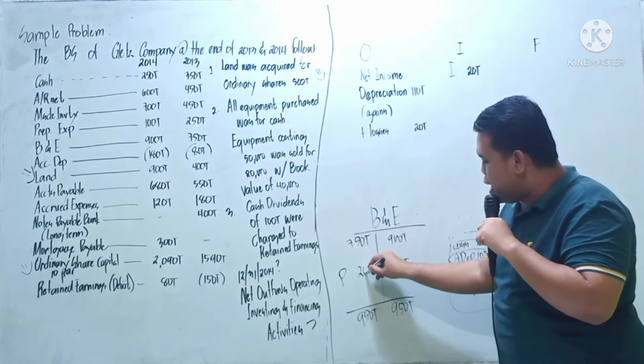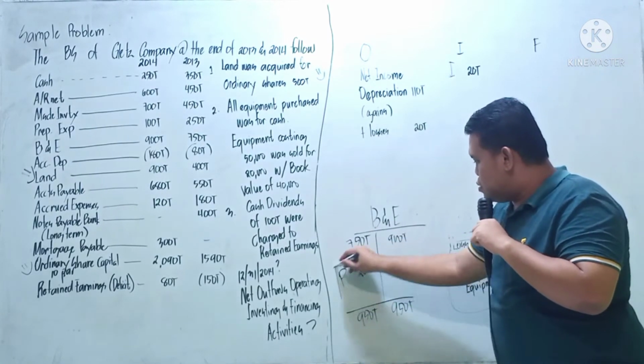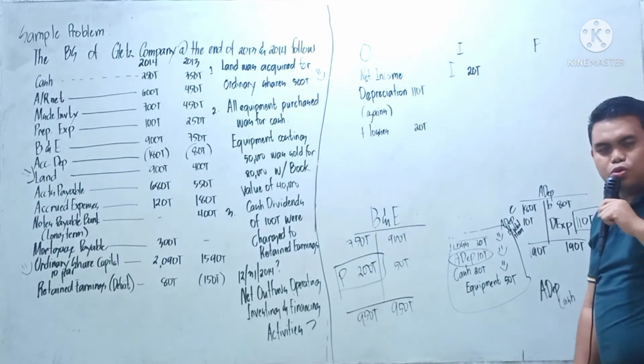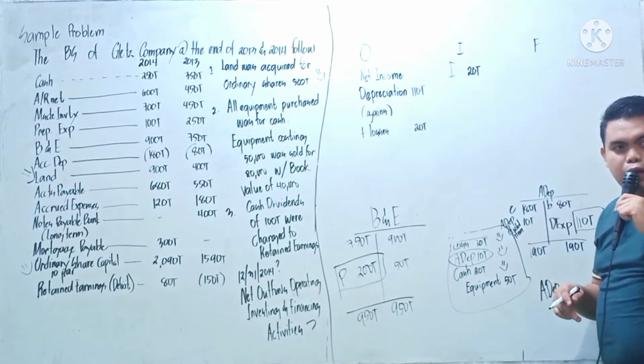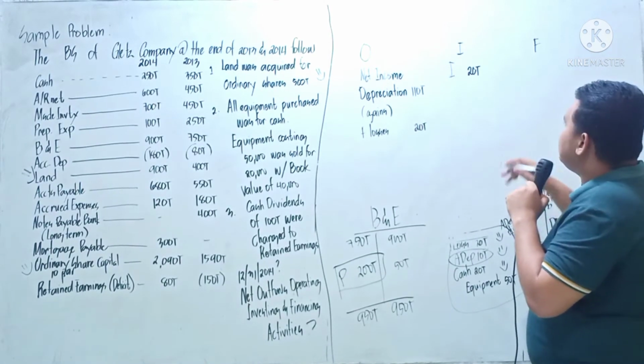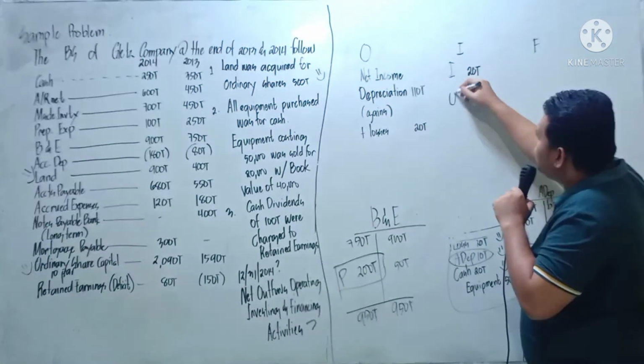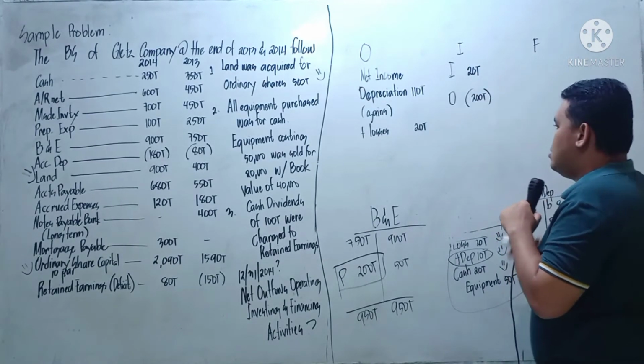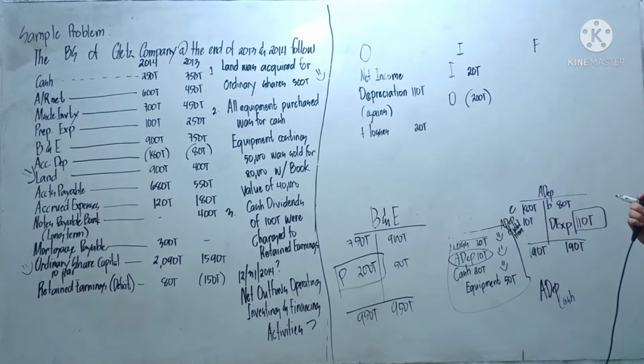There was also an additional equipment purchase of 200,000. Right? So, if that's the case, that is an outflow of 200,000. So that finishes the analysis of number 2.